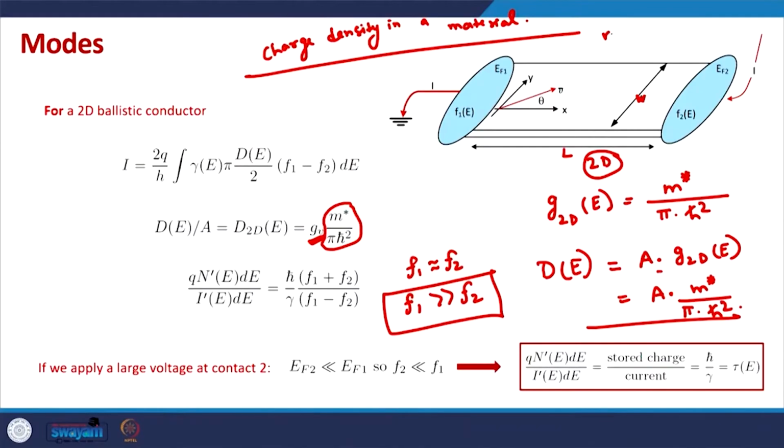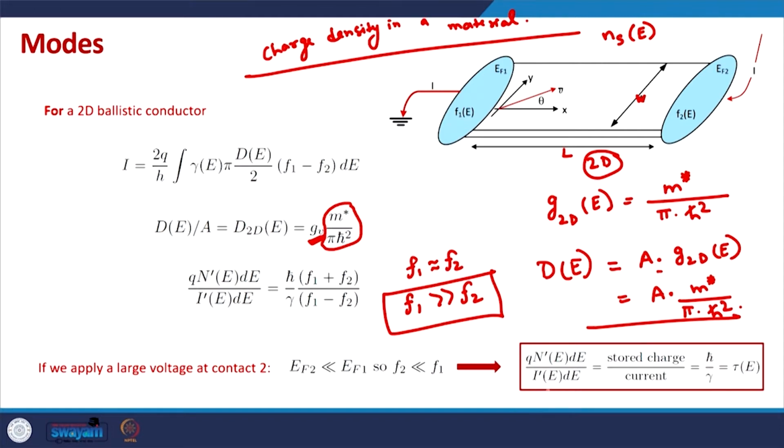In the 2D material case this is known as the sheet charge density, represented as Ns, an experimental parameter that we can calculate in characterization experiments. The charge density at a certain energy is represented as NSE. For the large bias limit we have the ratio between the number of electrons at energy E and the current at that energy E.